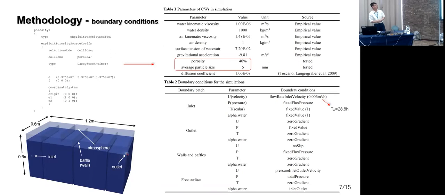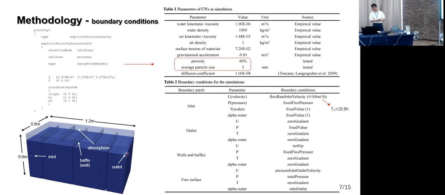These two tables show the main setup for my case. The porosity is 40%, and the average particle size is 5 millimeters, which should be converted to the values for D in fvOptions. And for the boundary condition for inlet U, as said, the flow rate is 0.006 meters cubed per hour.